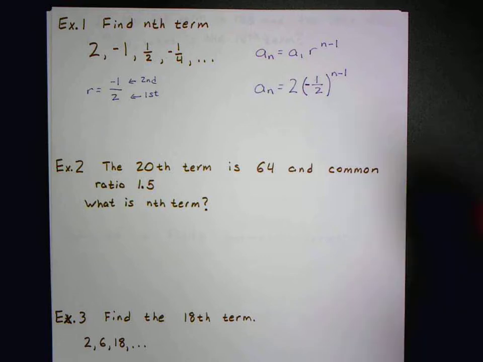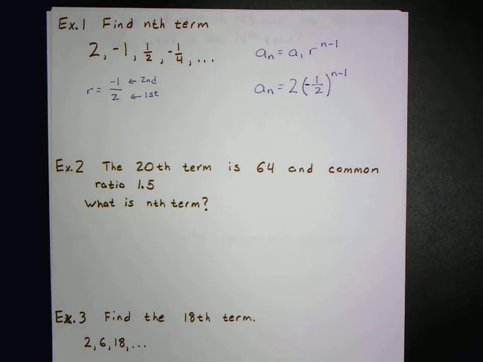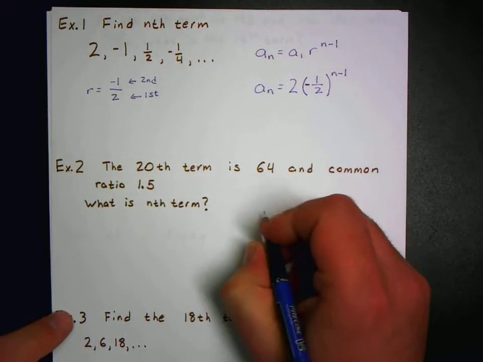Okay, so then the rest of them are, again, just more of the same thing. They're just giving you a little bit harder ones. So I want to find the nth term when the 20th term is 64 and the common ratio is 1.5.